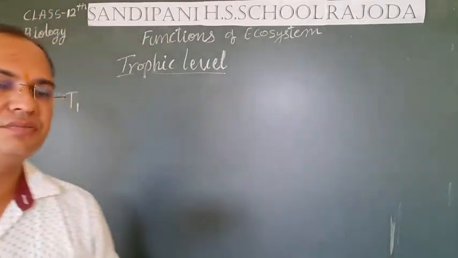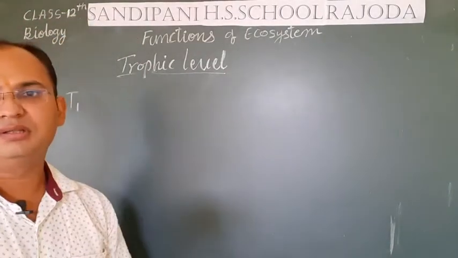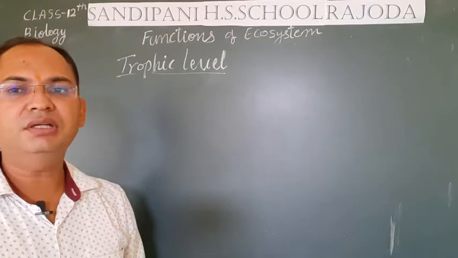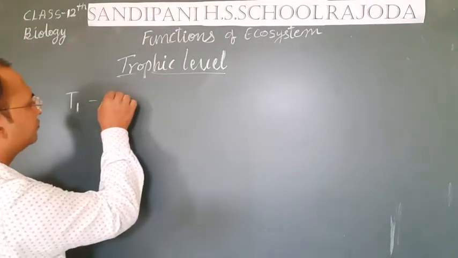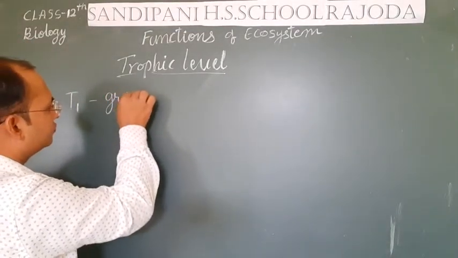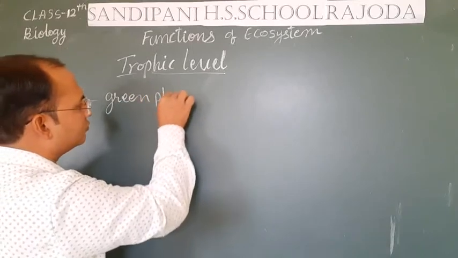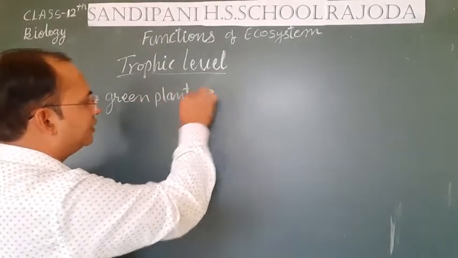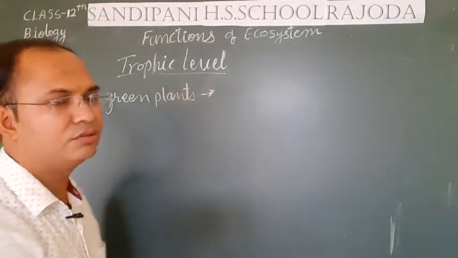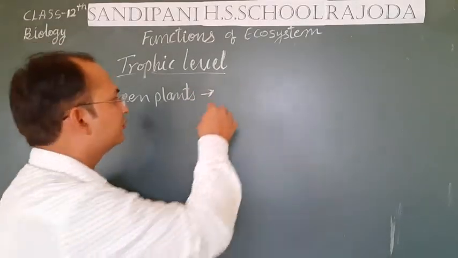So students, in the first trophic level we include all the green plants. And you know very well that green plants are also known as producers.